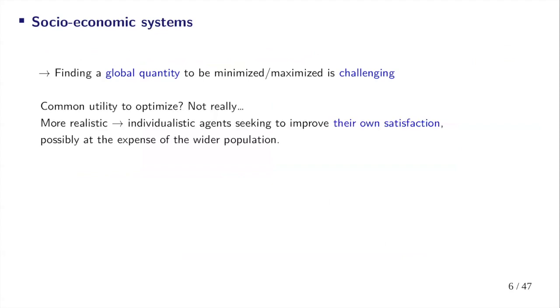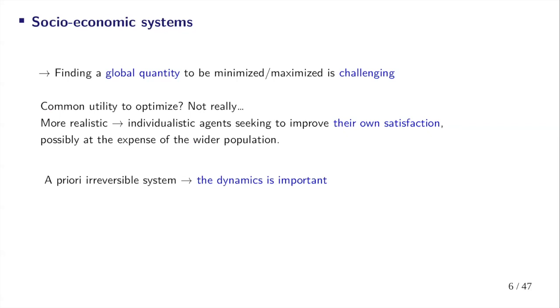Of course, you can ask questions. This is a very broad introduction, but don't hesitate to ask questions. In these systems, it's challenging to find one quantity that everyone would like to minimize. Every agent has their own utility. A common goal to optimize, maybe, if the state is involved, but the more realistic approach would be to say that agents try to improve their own satisfaction, probably at the expense of the wider population.